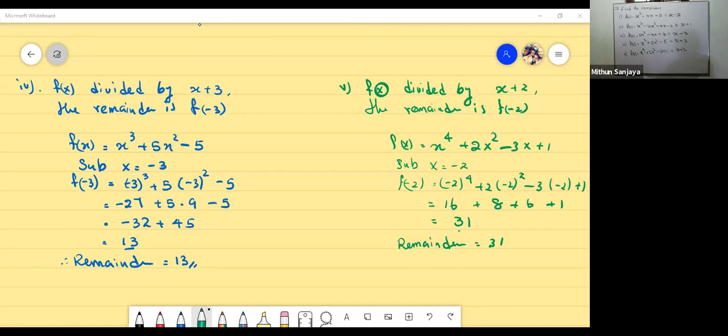Now get the values, what's happening? Right. Okay. So you need to get the values, okay?